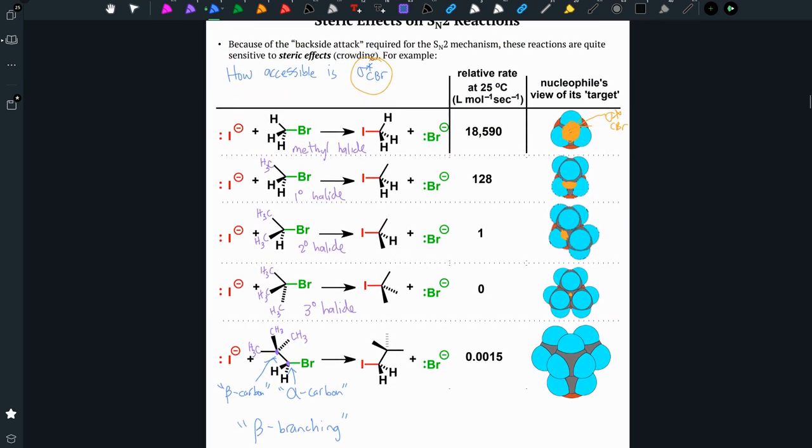So this middle column of the chart is essentially telling us, all right, how fast can this SN2 happen? And we see that with a methyl halide, it is extremely fast.